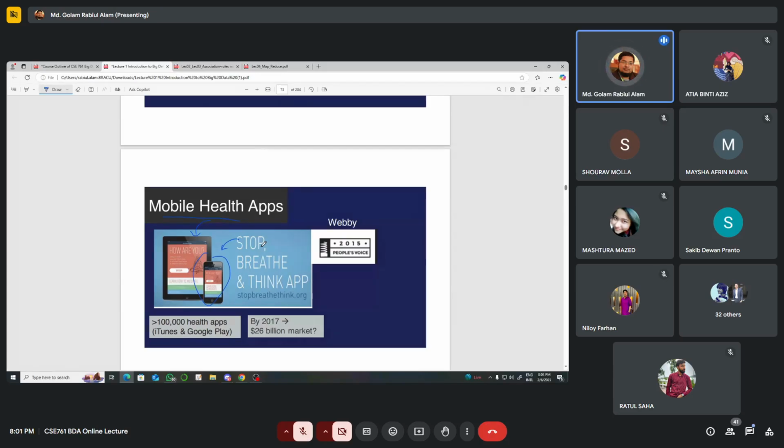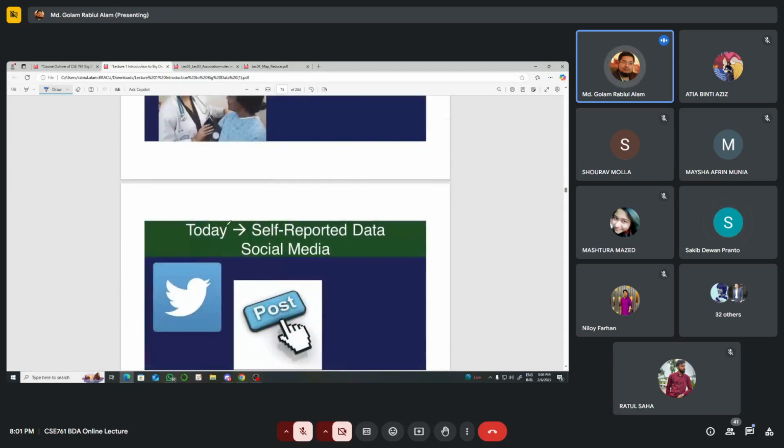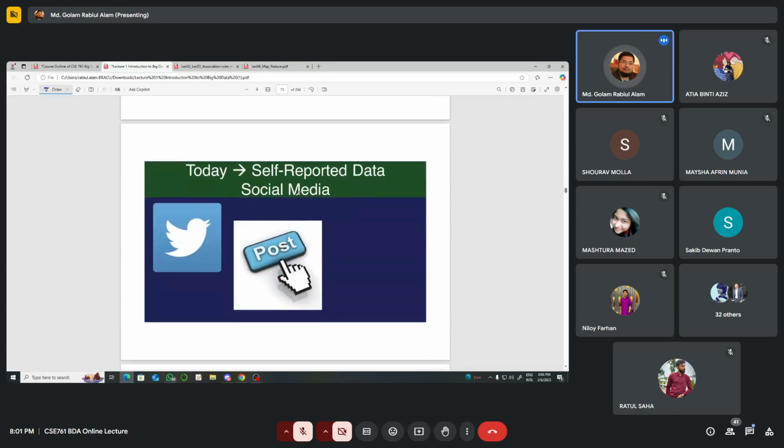Those posts are also a huge amount per day. So if we think about people data, there is a huge amount of posts each and every day for a single user.